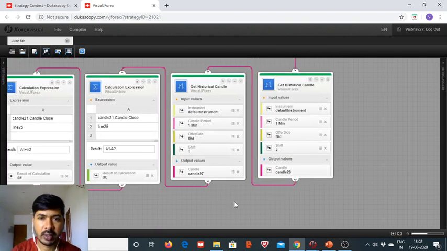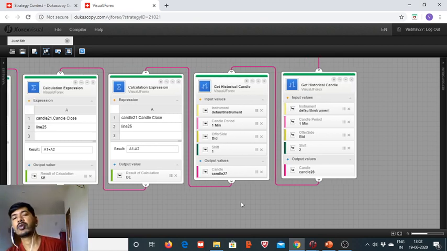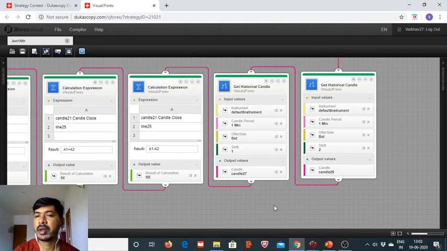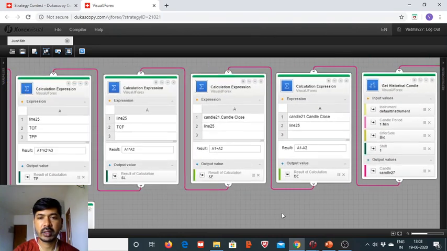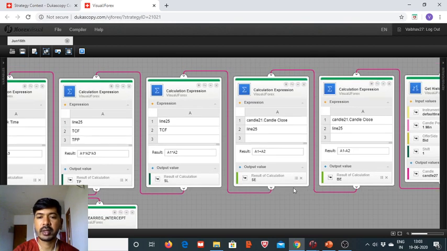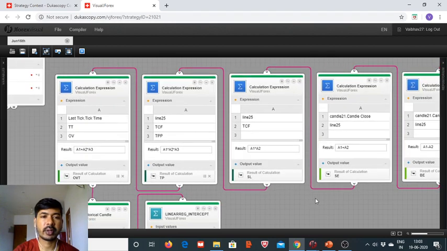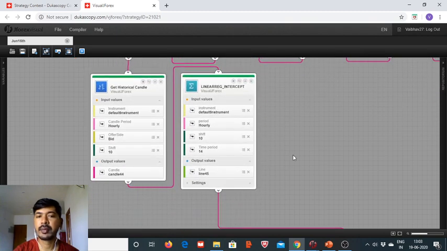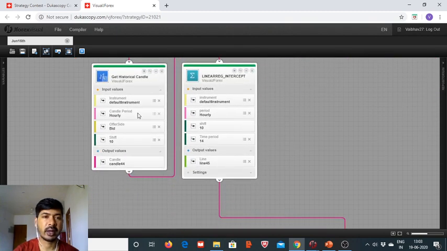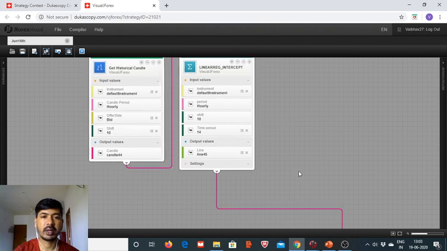Then again historical candles 1 minute each for pinpointing the area of interest, the entry point. And then we have done this calculation. This is the buy point, this is the sell point, stop loss and target, and then we got 10 hours back data as well.